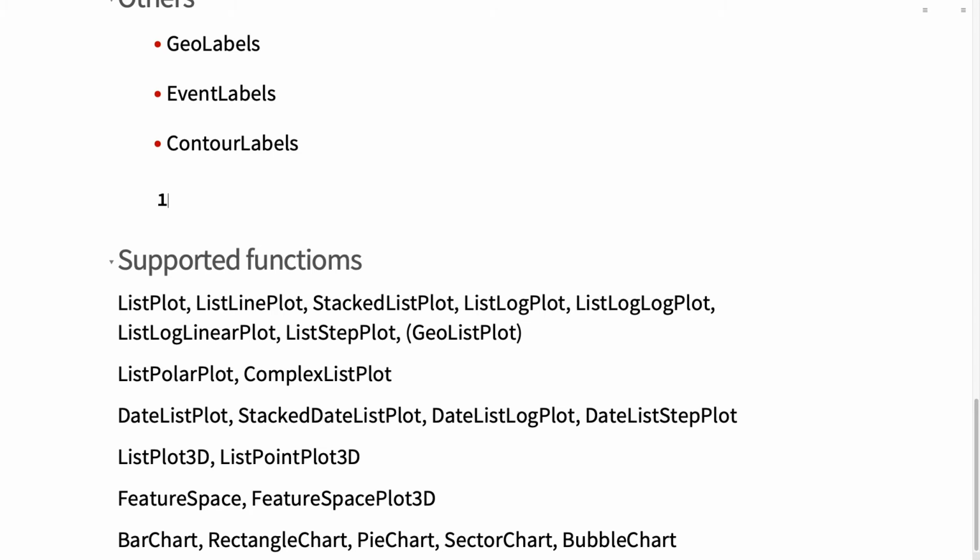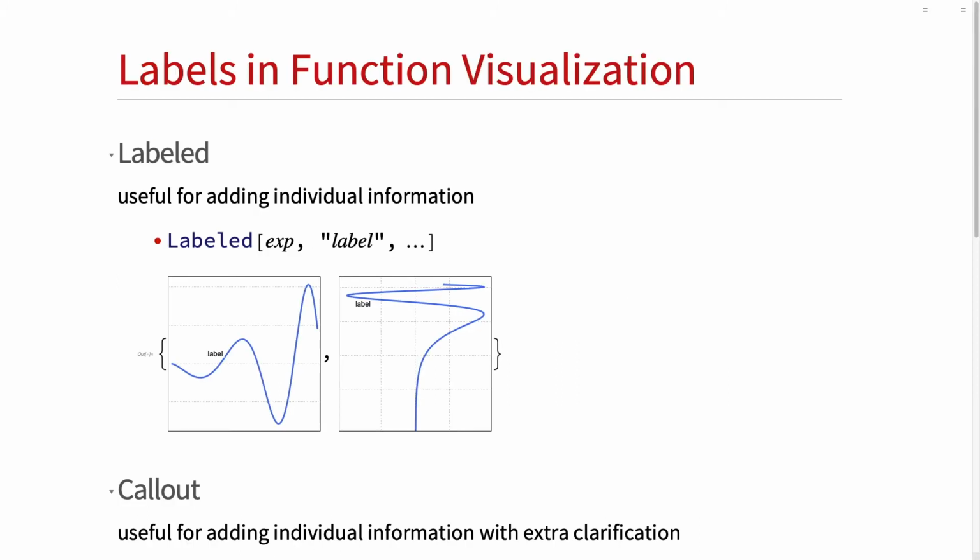And I want to mention that it's not just those options. We have GeoLabels, EventLabels, and ContourLabels. They already existed, since a long time ago, and they are spatial labels for each spatial visualization.